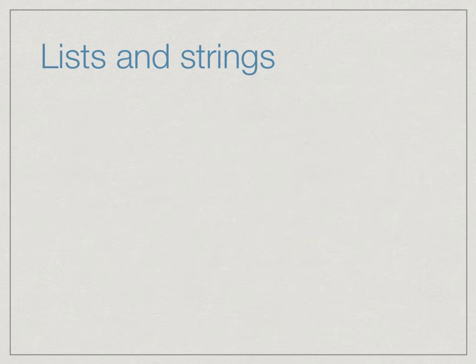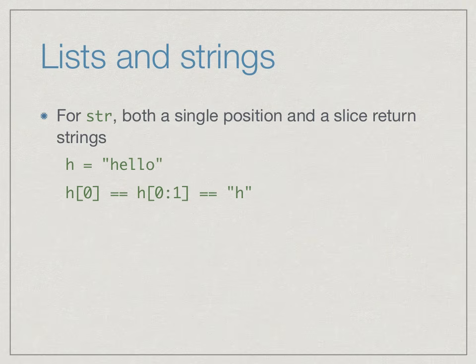So there is one difference between lists and strings in what we have seen so far. We said that there was no concept of a single character. So in a string, if we take the value at a single position, or we take a substring of length 1, we get the same thing. So if we have the string h, which has positions 0, 1, 2, 3, 4, so that is length 5, and if we ask for the 0th position, then this gives us the letter h.